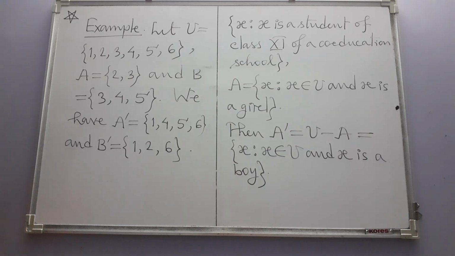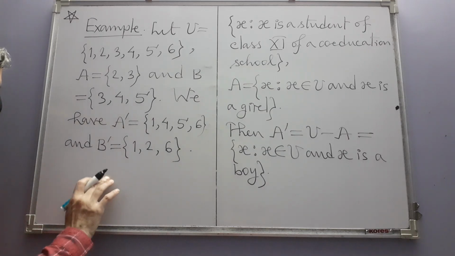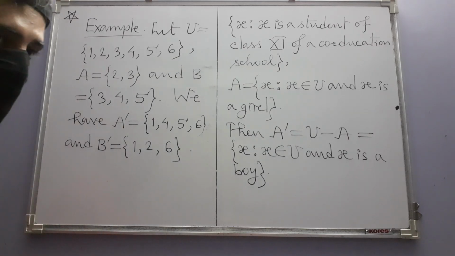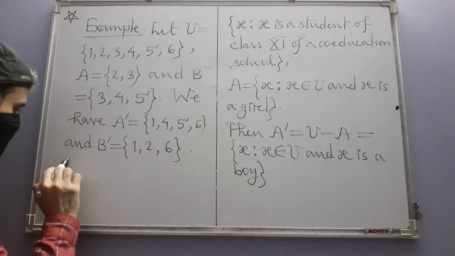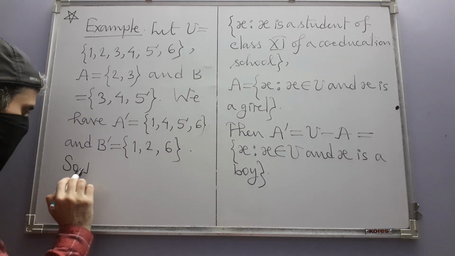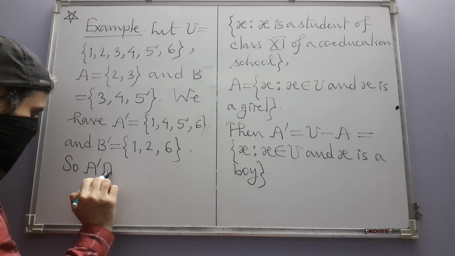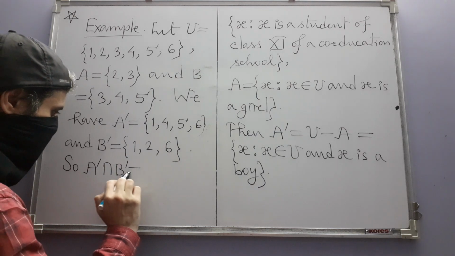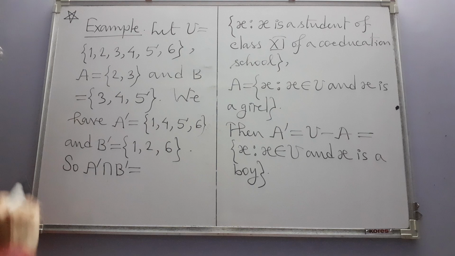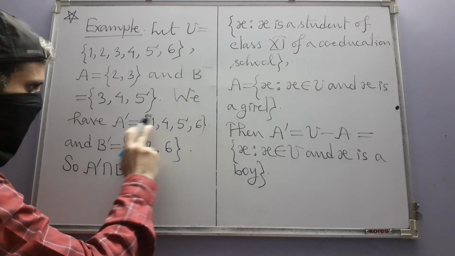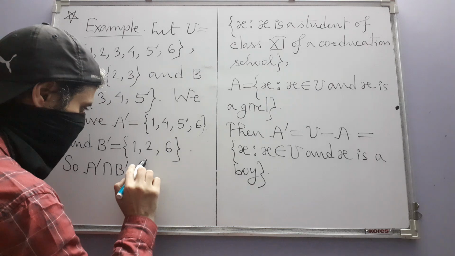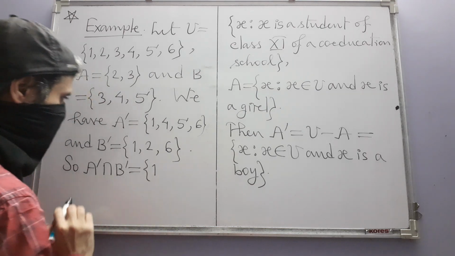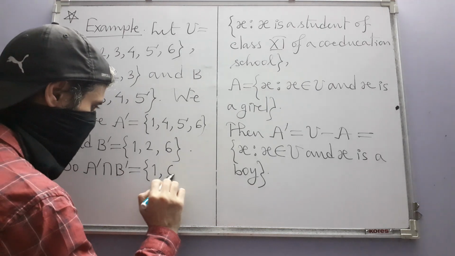Alright. Now let us take the intersection of A complement and B complement. So, A complement intersection B complement. So what are the common elements? Out of all these elements, 1 is common and 6 is common. Nothing else is common to A complement and B complement.